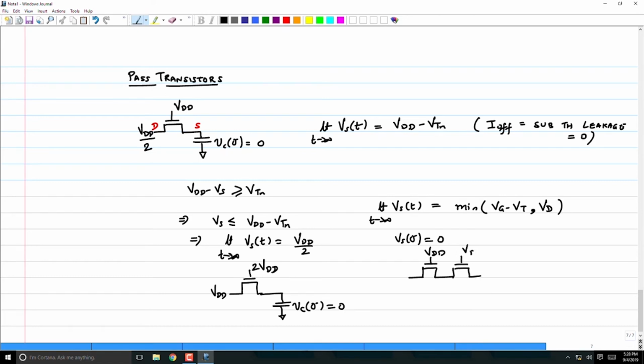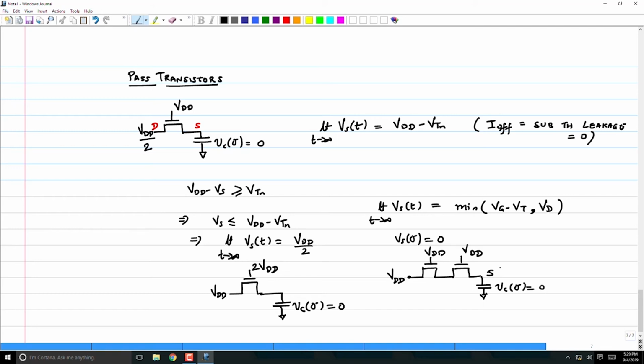So what will happen if I do this? VDD, VDD, this is also VDD, this capacitor is discharged. So what will the node S go to finally? VDD minus 2VT?